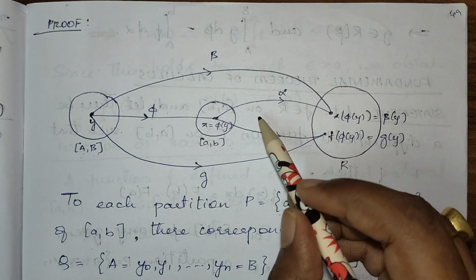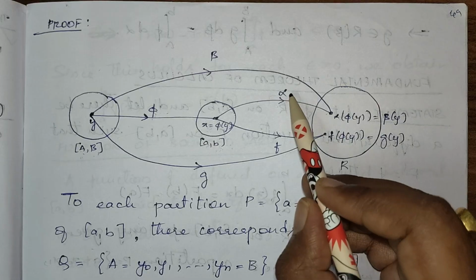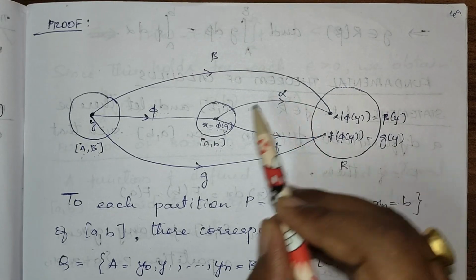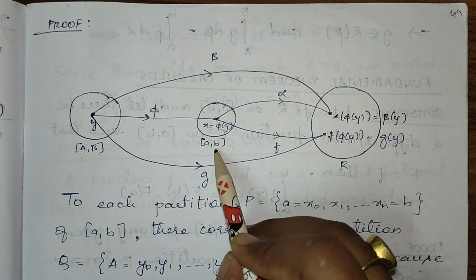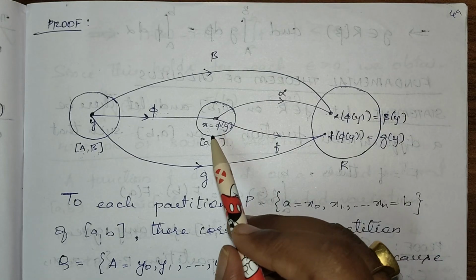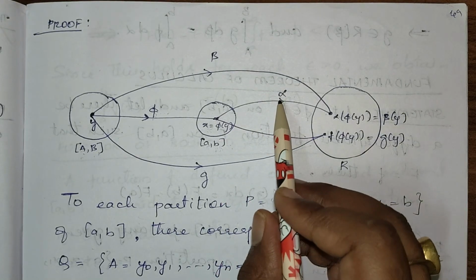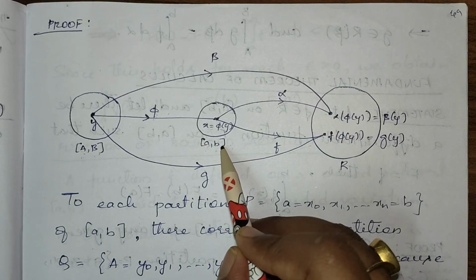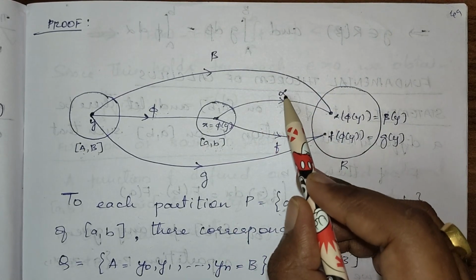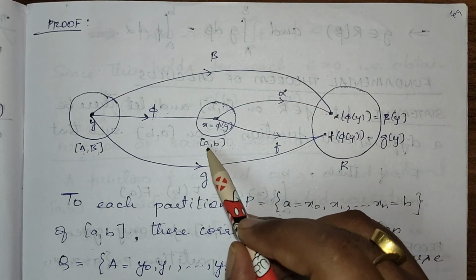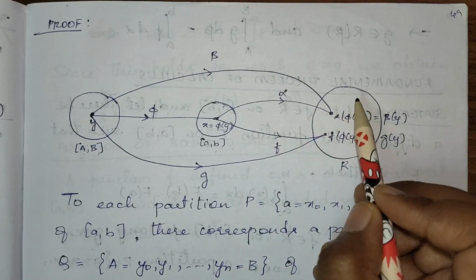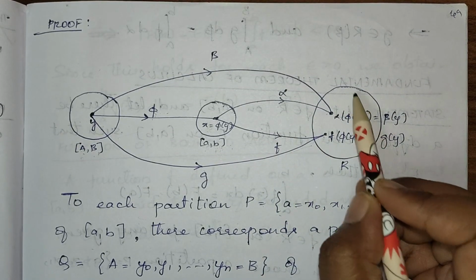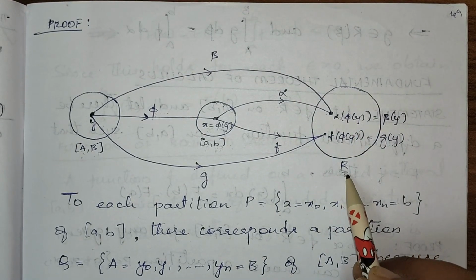And also, suppose alpha is monotonically increasing on the closed interval [a, b], which means it's a real valued function. So here the domain of alpha will be the closed interval [a, b] and the codomain will be the set of all real numbers.